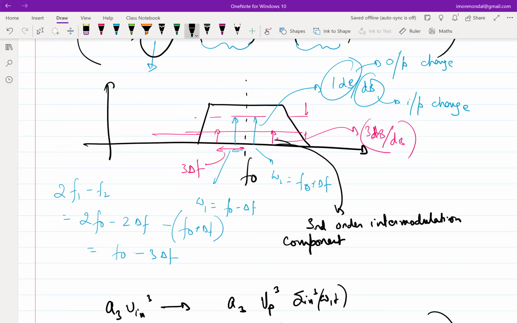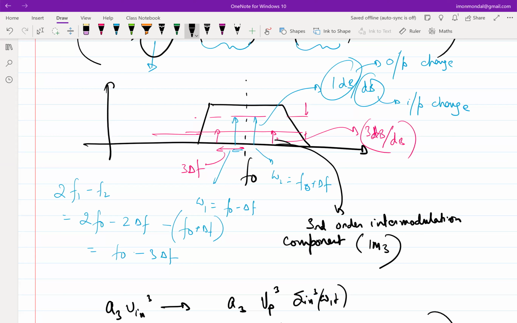Why intermodulation? Because you have two tones which are getting mixed and then passed through a nonlinearity, which is causing this. So there is an interplay between two tones and hence intermodulation, often referred to as IM3. IM is intermodulation, 3 refers to third order.